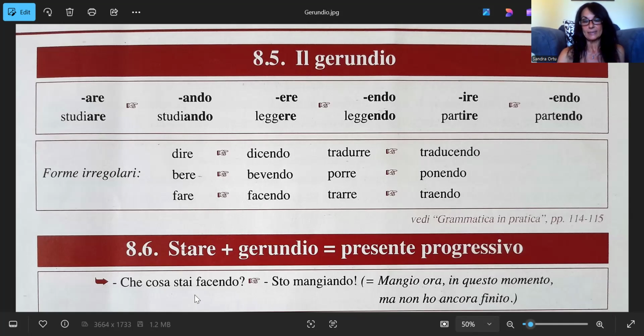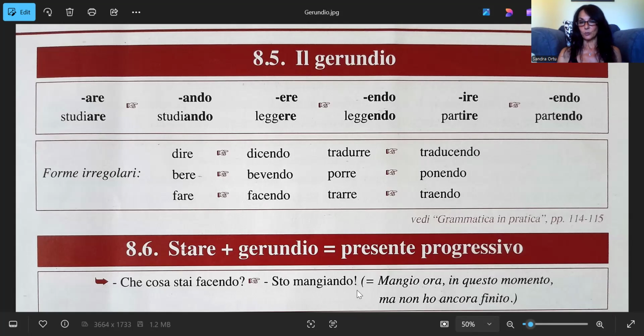Here we've got this sentence which you would hear quite a bit, especially if you live in Italy or if you're listening to very colloquial or everyday conversation. Che cosa stai facendo? What are you doing? Sto mangiando. So here I am eating. From mangiare, which is a verb in are, becomes ando, mangiando.